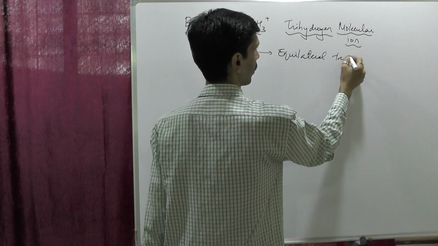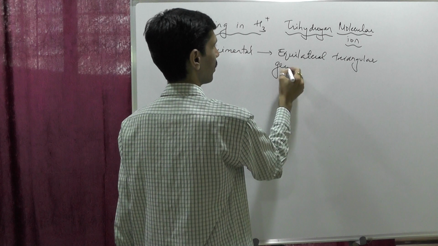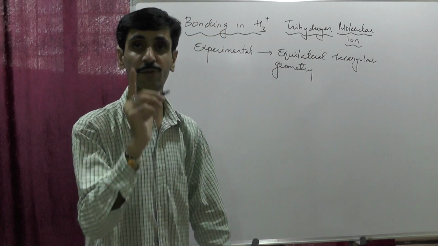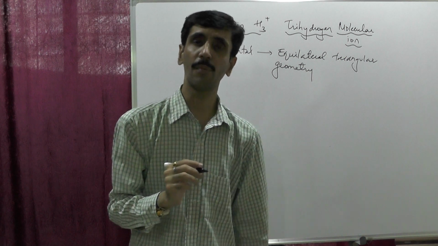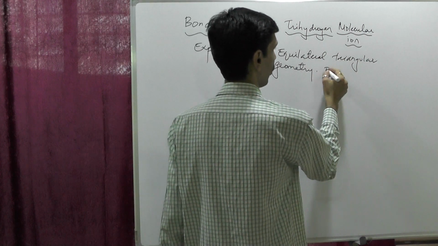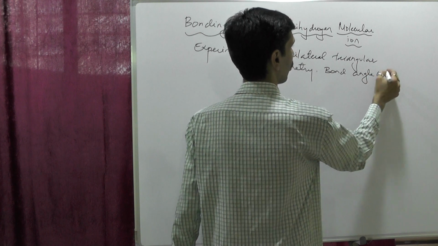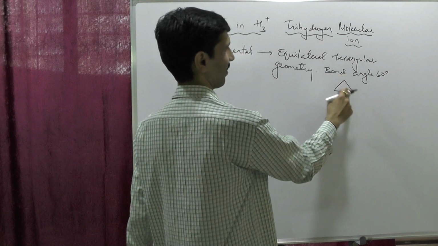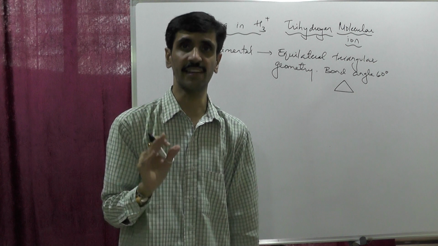I hope you understand this word, equilateral triangular geometry. Okay, triangle तो है लेकिन वो equilateral है. Okay, all sides are equal. और उसका bond angle कितना होगा? जी हाँ, 60 degree. So the bond angle has to be what? 60 degree. So the arrangement of the 3 H will be in this way. Okay, H, H, H. इस तरीके से उसका arrangement होगा. Okay, this is what experiment says.